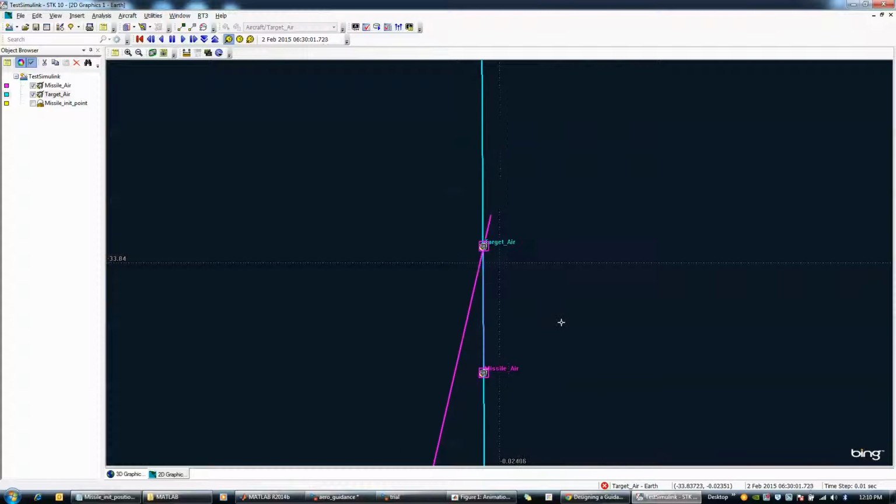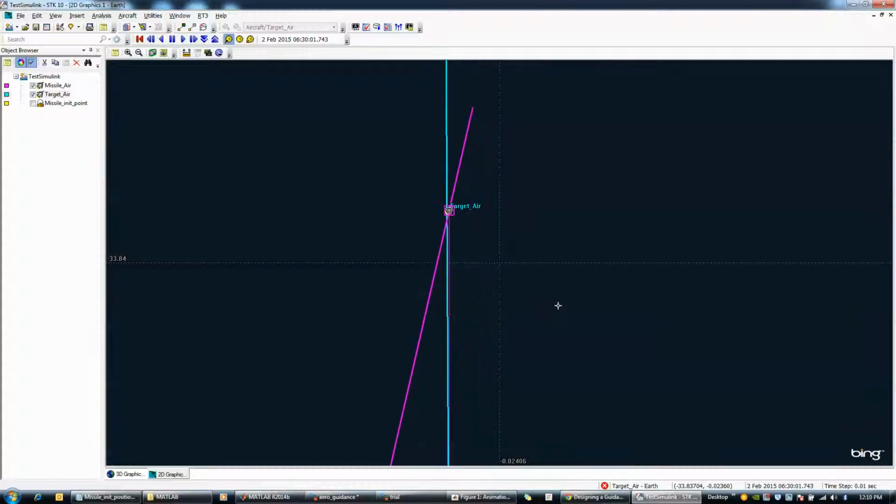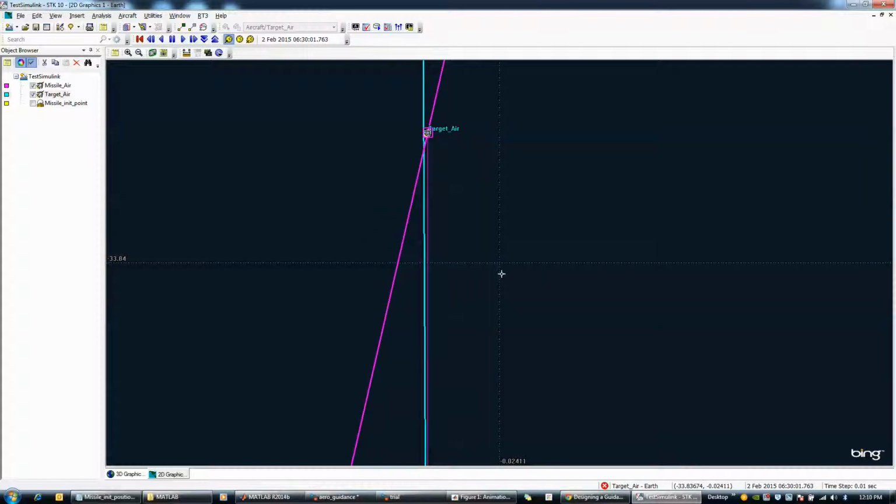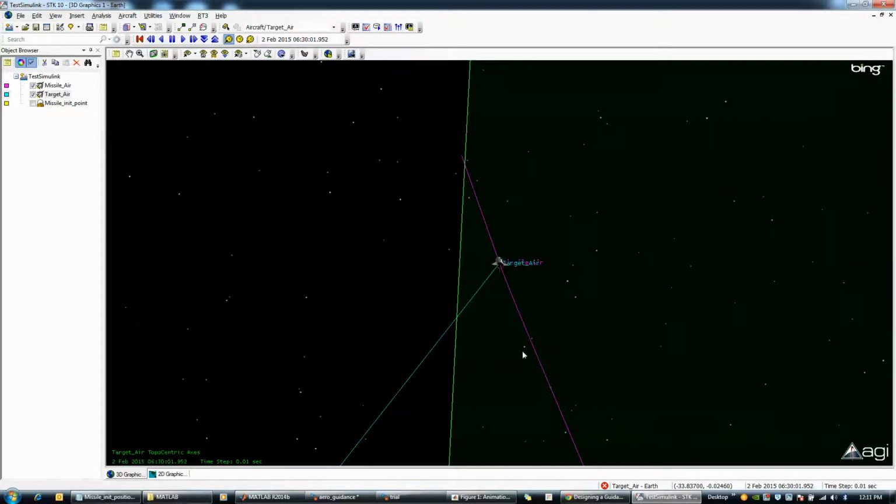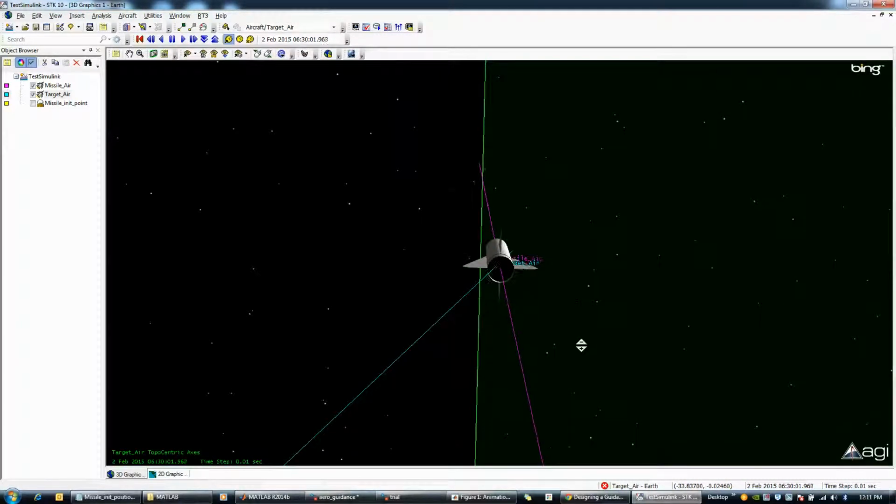So the missile is just about to reach the target now, and you could see that it has redirected itself in such a way that it goes exactly towards the target. It hits the target. So you can visualize the same in 3D as well.